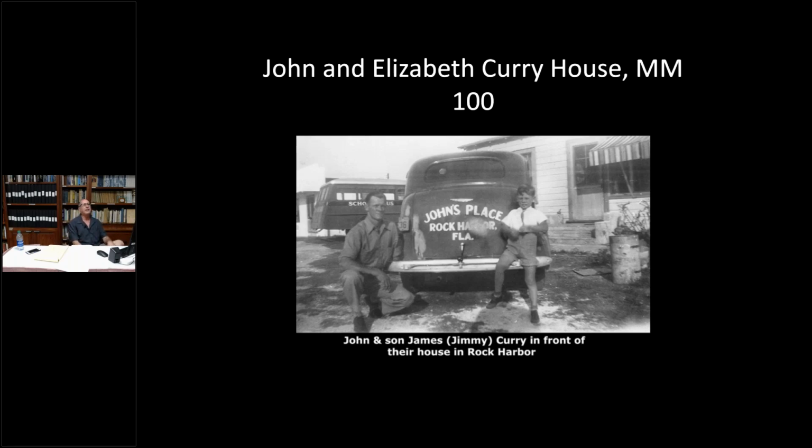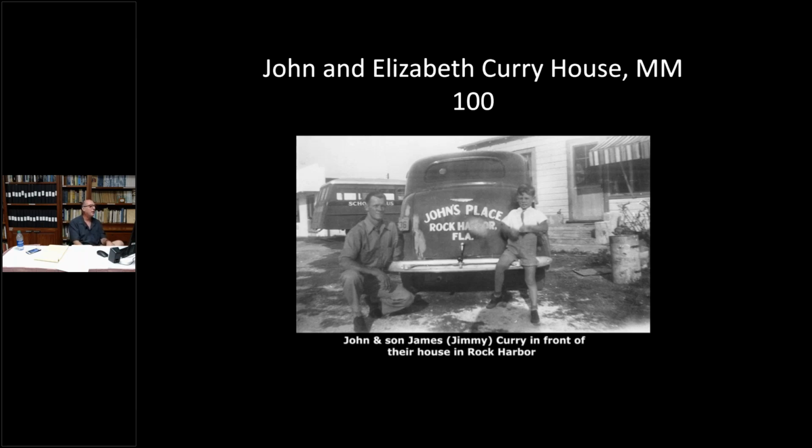After the 1935 Labor Day hurricane, the Key Largo post office closed down and was incorporated into the Rock Harbor post office. And from 1935, for the next almost 20 years, Rock Harbor was considered all of Key Largo, basically north of Tavernier.